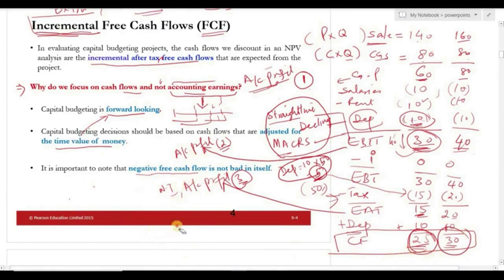Now if I draw a timeline, it would be 100 was your outflow, 25 in year 1 and 30 in year 2. So these are incremental free cash flows.